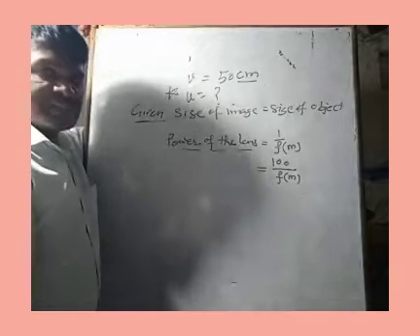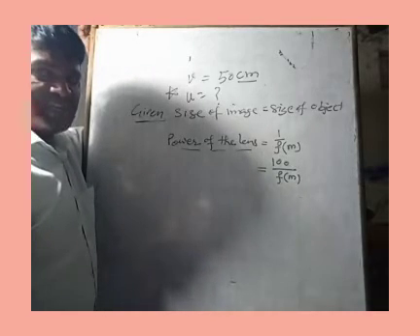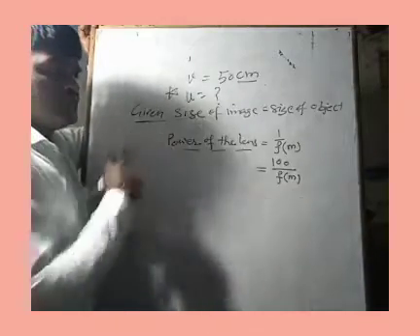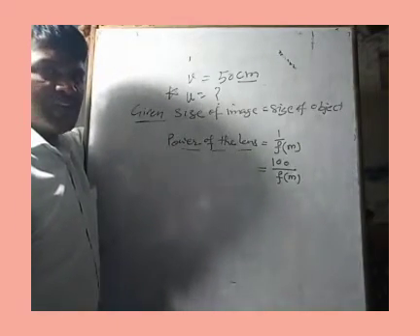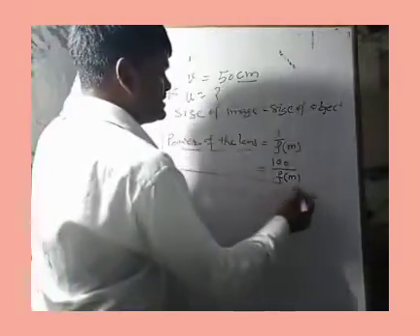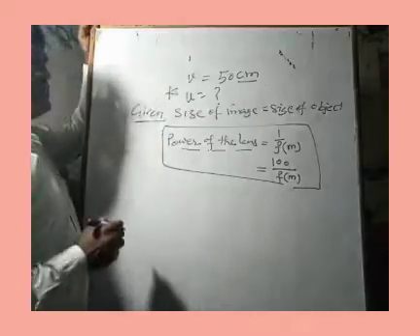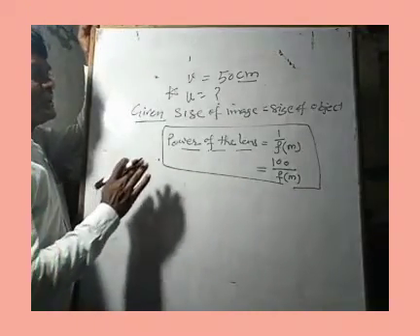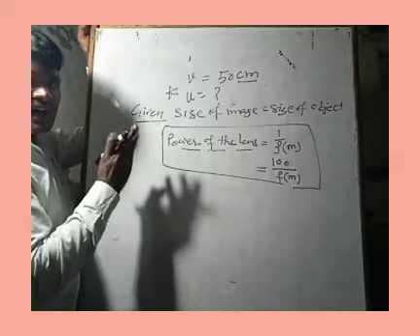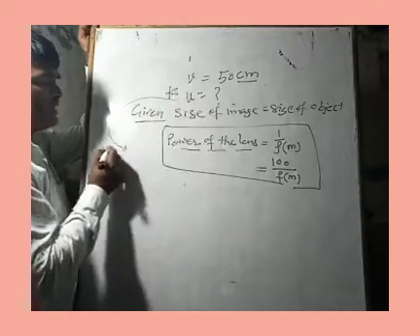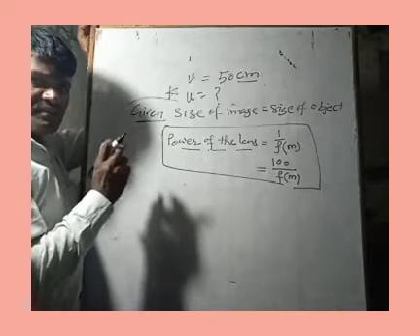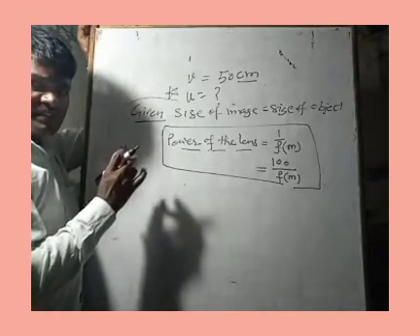Let focal length was given in centimeter. Then to change it into meter, we need to write 100 in the numerator. Okay. So power of lens is such that by this formula we need to calculate. First, we need here u, we need here f. So what will be u? It is told in the statement the size of image is equal to size of object.